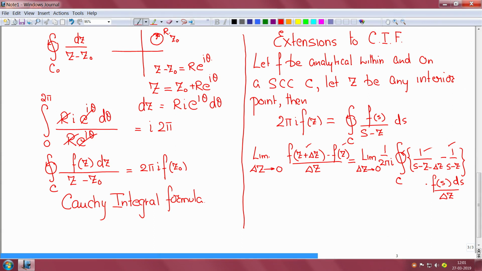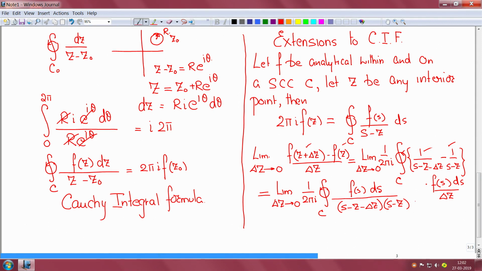Okay. So now what happens? Let me write it here. It is equal to the limit delta z tending to 0, 1 by twice pi i, integral counterclockwise C. I do the LCM of this, and what I get is f of s ds by s minus z minus delta z into s minus z.